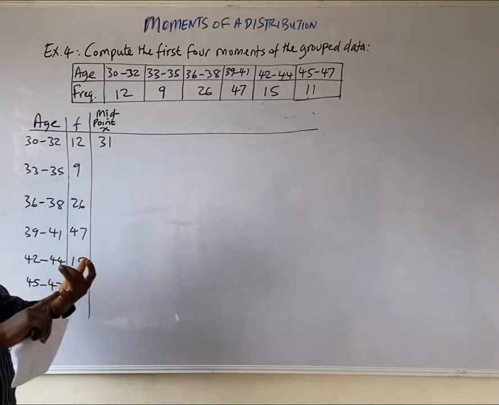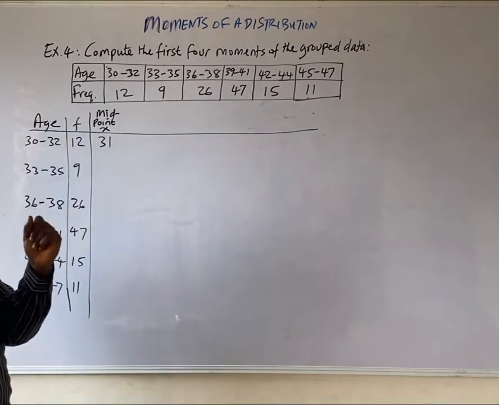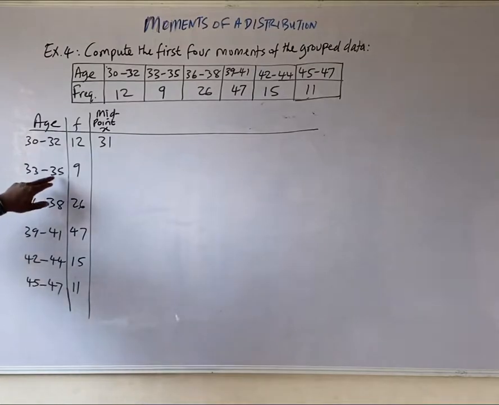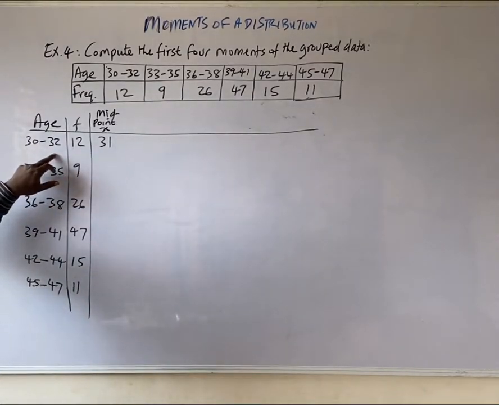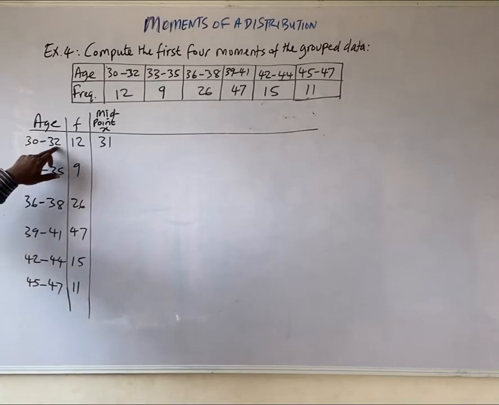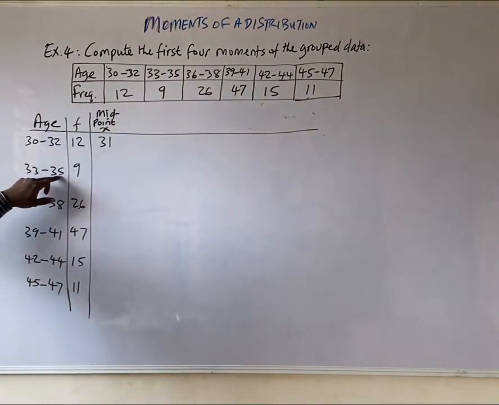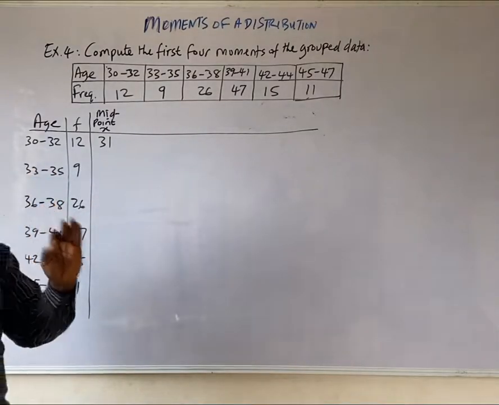We have 30, 31, and 32. 3, that's our class interval. Or you find the difference between the lower class limit of a previous class and the lower class limit of the current class. In this case, 35 minus 32 is 3. 38 minus 35 is 3. So 3 becomes the class interval.